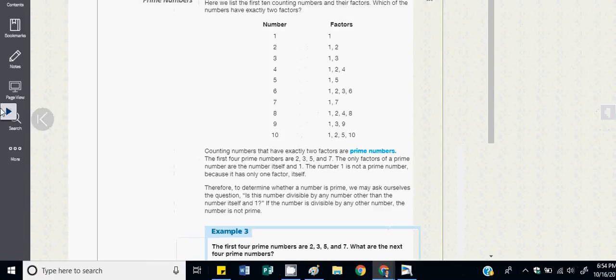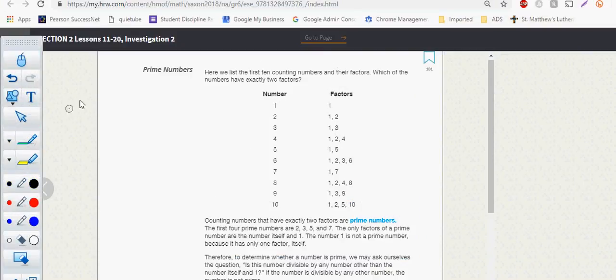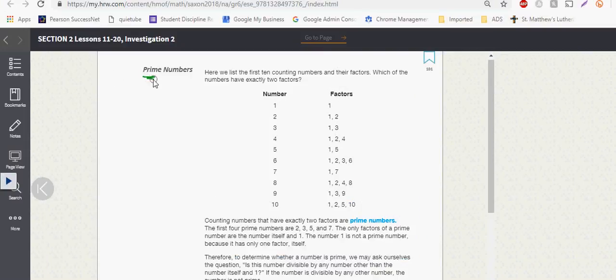So what's the opposite of composite? Composite meant that it had other factors besides itself and 1. Prime means the only factors are 1 and itself. Okay?